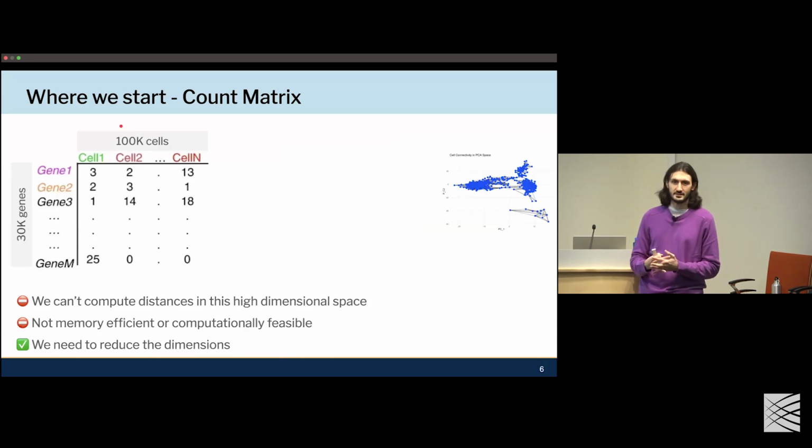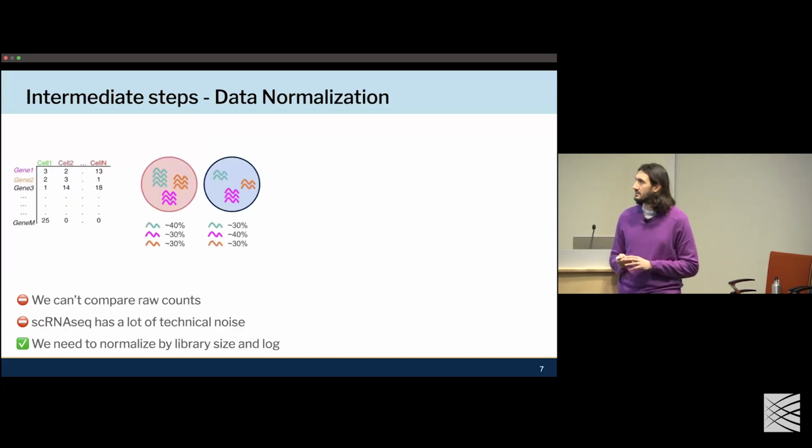We can't compute distances in this super high dimensional space. And it is neither memory efficient nor computationally feasible to really just ask a computer to do this. So we need to find a way to somehow reduce these dimensions. And the way that we do this is we need to first select, or most analyses usually start by selecting, a subset of highly variable genes.